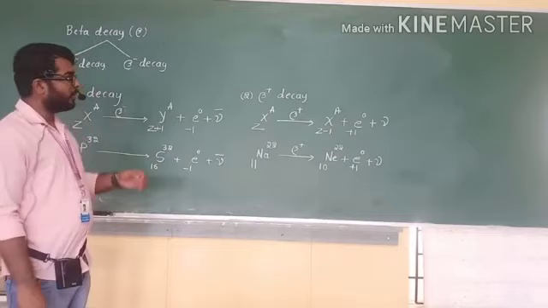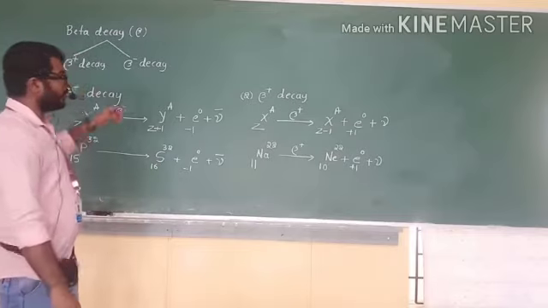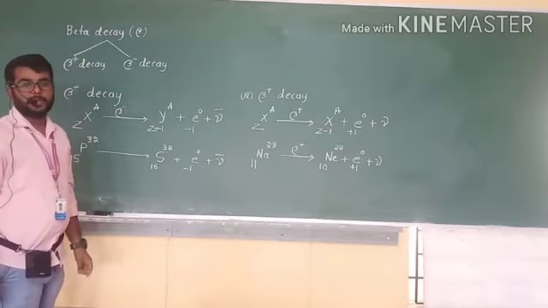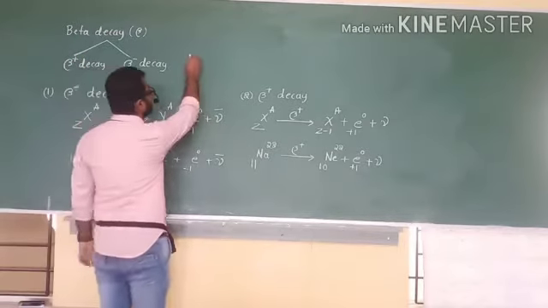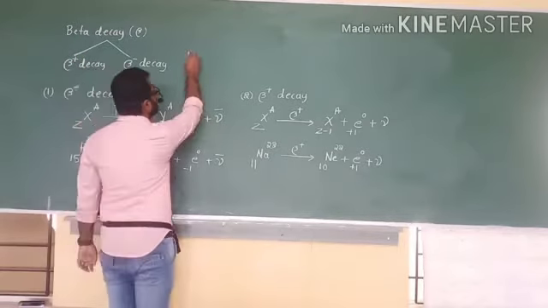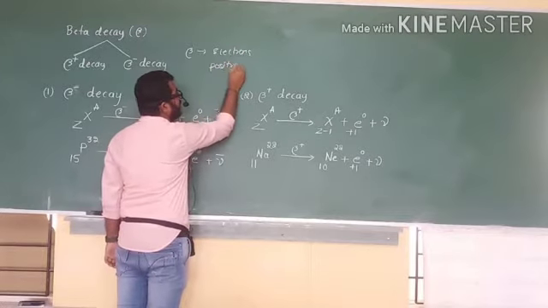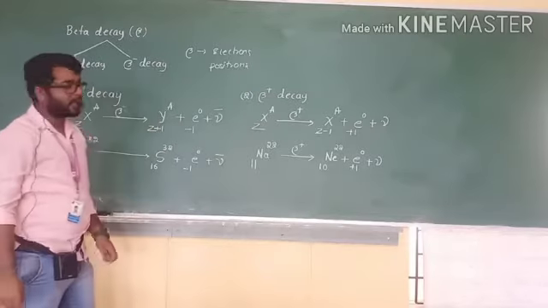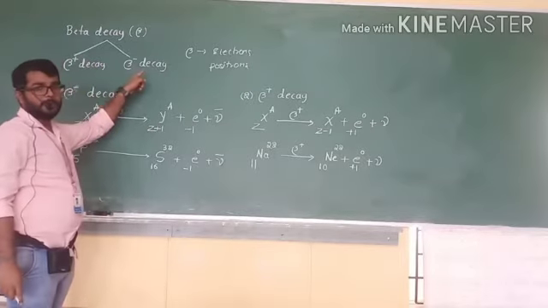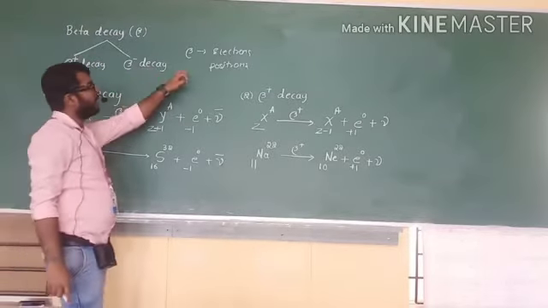Today we are going to start the next nuclear decay, which is beta decay. You know that beta particles are nothing but electrons or positrons, that is positive electrons. If these beta particles are emitted from the nucleus, then that type of decay is called beta decay.